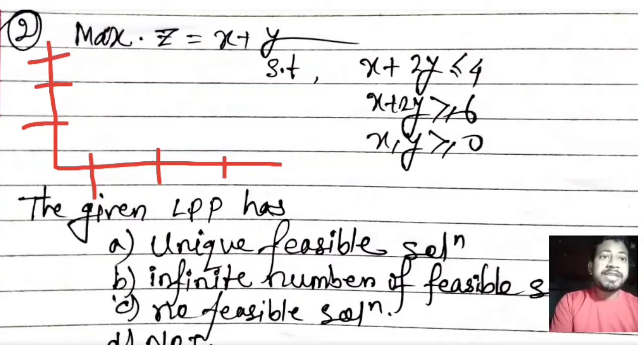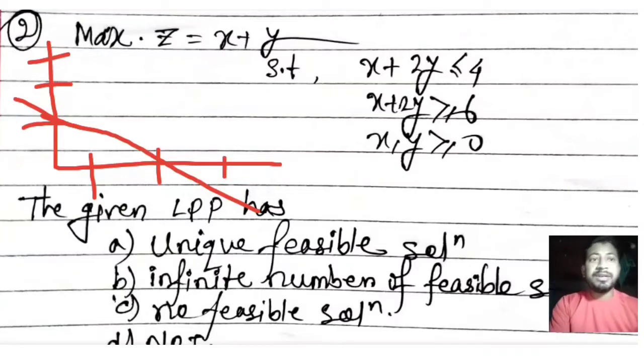Now first points (4, 0) and (0, 2). So draw this line. Next (6, 0) and (0, 3). These two lines.